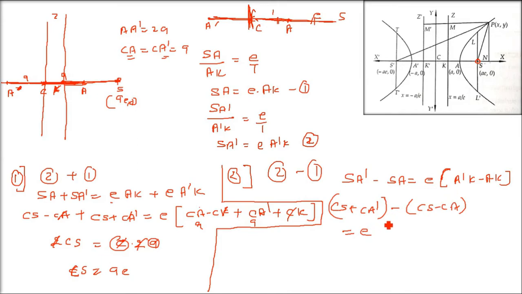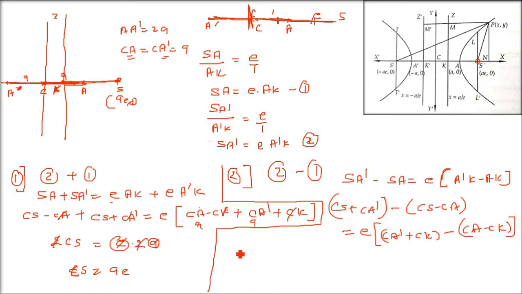E times A dash K, which was CA dash plus CK, so just write CA dash plus CK. I'm just taking what we have done in the first part. Minus AK, which was CA minus CK, just write it here.